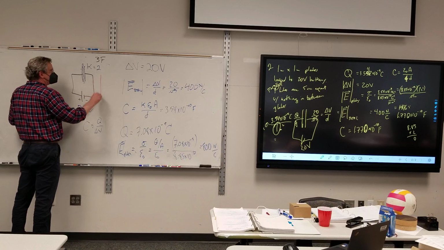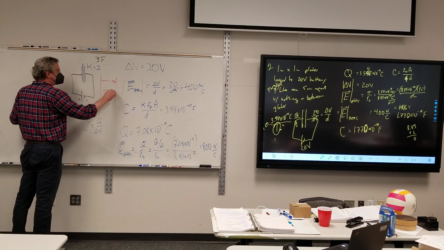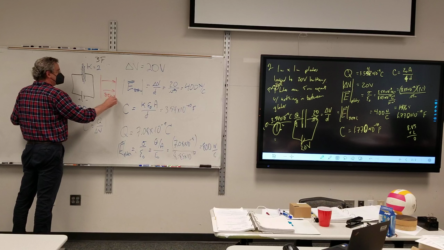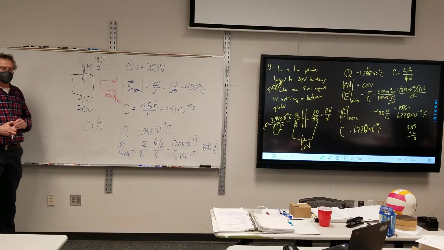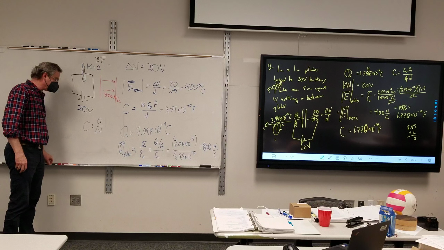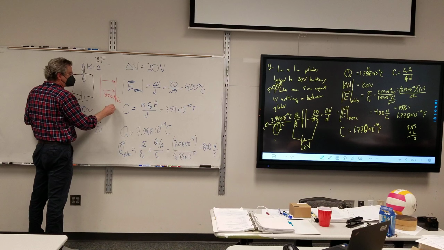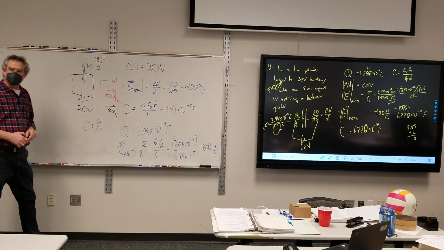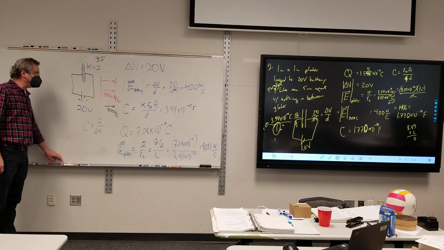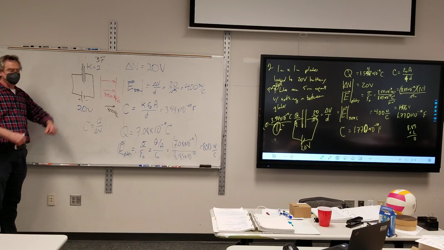So if I picture my plates here and here, I have 800 newtons per coulomb going to the right because of the plates. I know that the total is 400 newtons per coulomb, which means the electric field from the dielectric must be 400 going the other way.